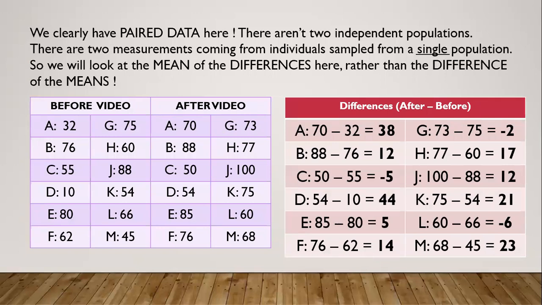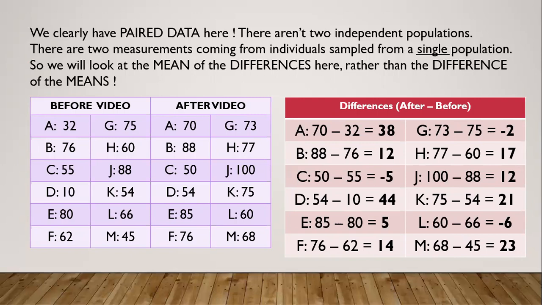For example, student A went from a 32 to a 70. So what was the difference in their scores? Well, 70 minus 32, after minus before, in this case would be 38, an improvement of 38 points. For student B, they went up to a score of 88 from an initial score of 76. So 88 minus 76 is a difference of positive 12.